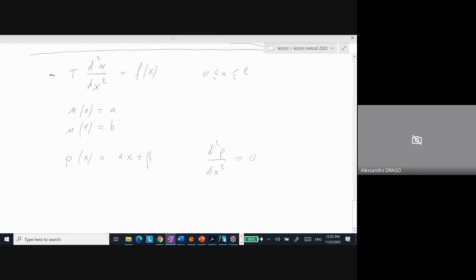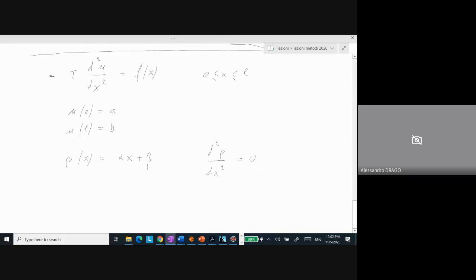So this means that if I have a solution of the original equation, and for a moment I forget about the boundary conditions, I can always add a function like this, p of x, because it's not really modifying the left-hand side.